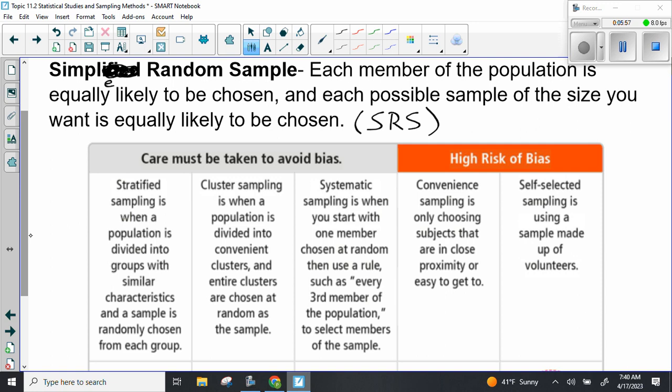In here, you'll see that there are a couple more definitions. We've got stratified sampling, cluster sampling, systematic sampling, convenience sampling, and self-selected sampling.